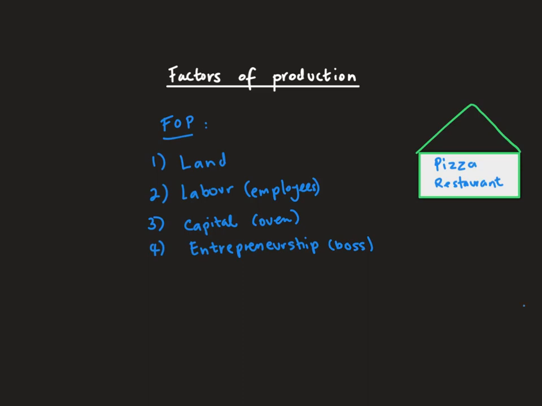A fifth factor of production, which we probably couldn't live without these days, is technology. Wi-Fi, computers, cash registers, things that improve the efficiency of our business, maybe using an app like Uber Eats or a delivery company that can deliver our food to the customer. That would be considered as part of technology.